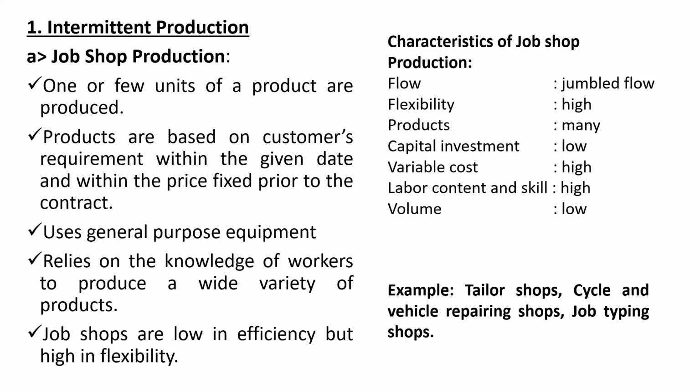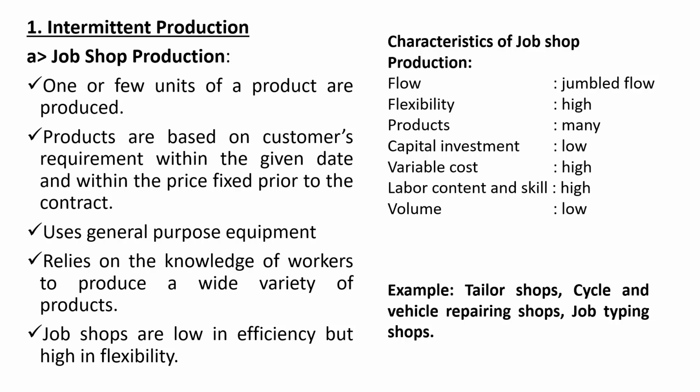So job shop production means only few units of customized products are produced using some general purpose equipment, where the knowledge of workers to produce the wide variety is very important, and hence job shops are low in efficiency but high in flexibility.